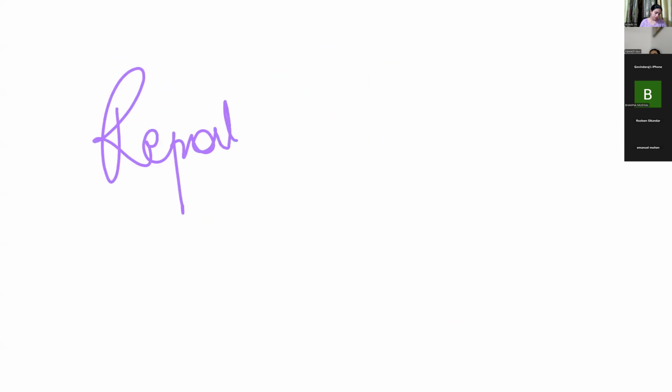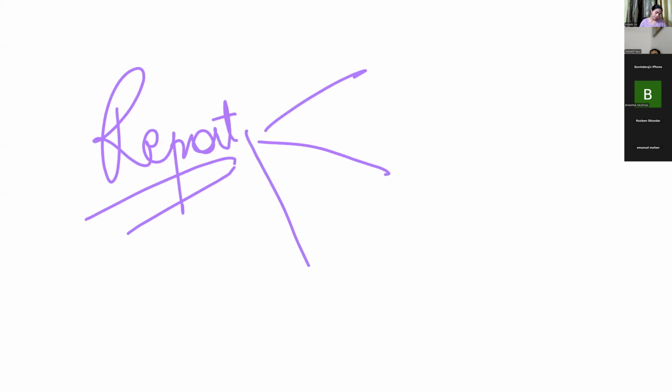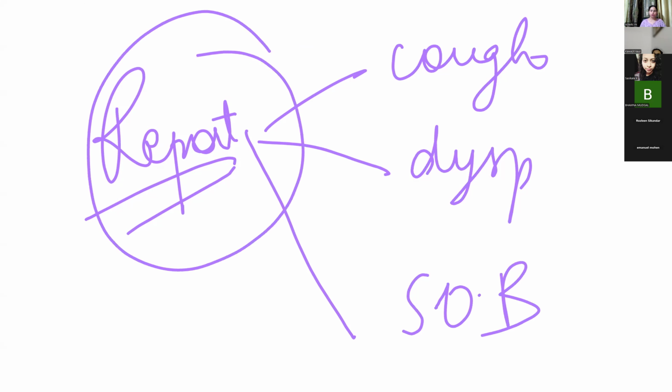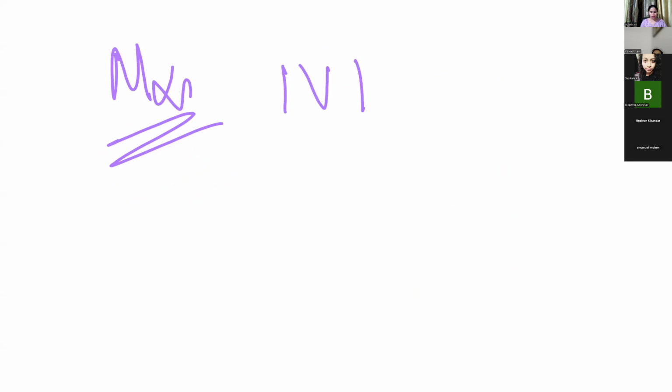And what things will you report? Cough and difficulty breathing, shortness of breath. These are the things which you will report. And then the management will be IVIG, immunoglobulin treatment, and plasmapheresis.